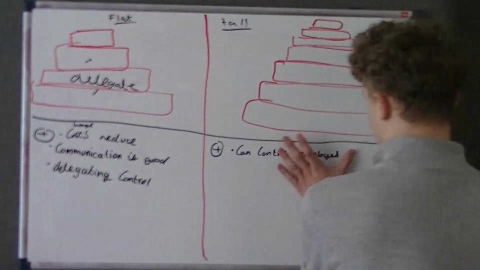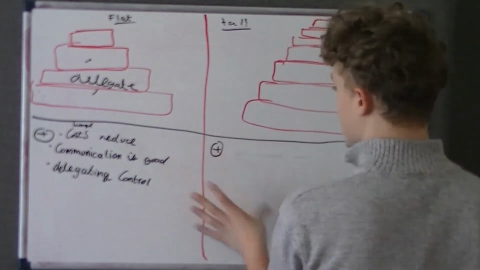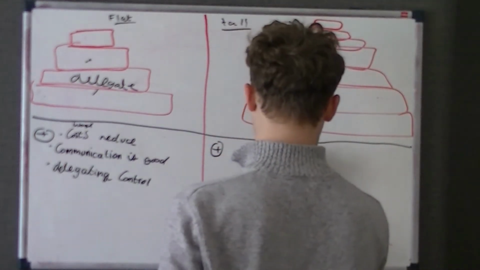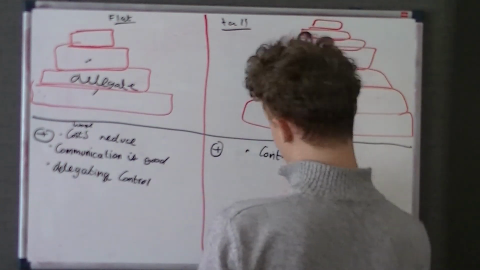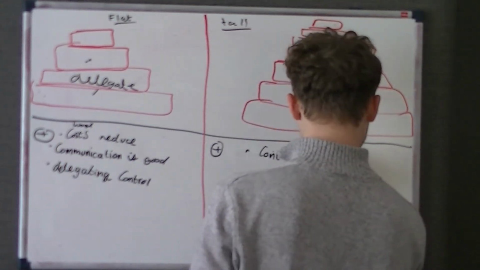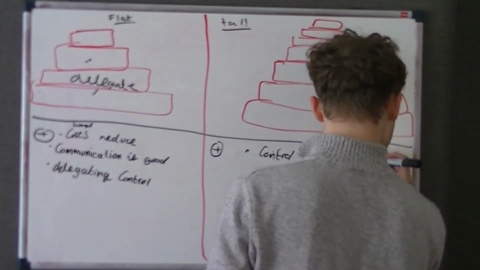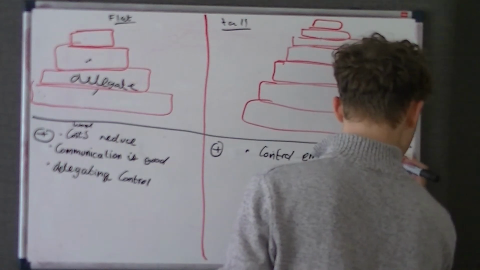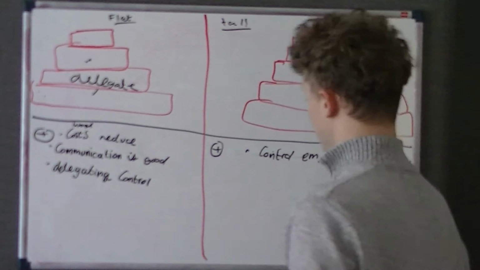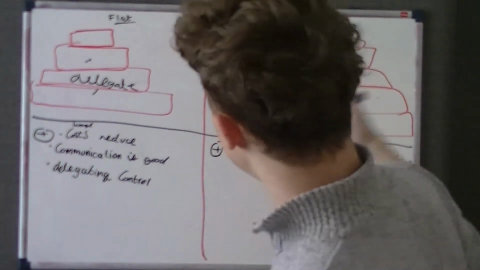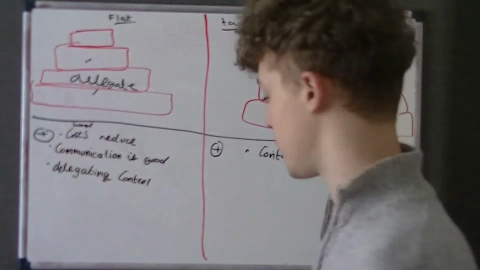Cost, control employees effectively. Now what does that tell us? Well, it means that we can keep them in line with the objectives of the business, for example.